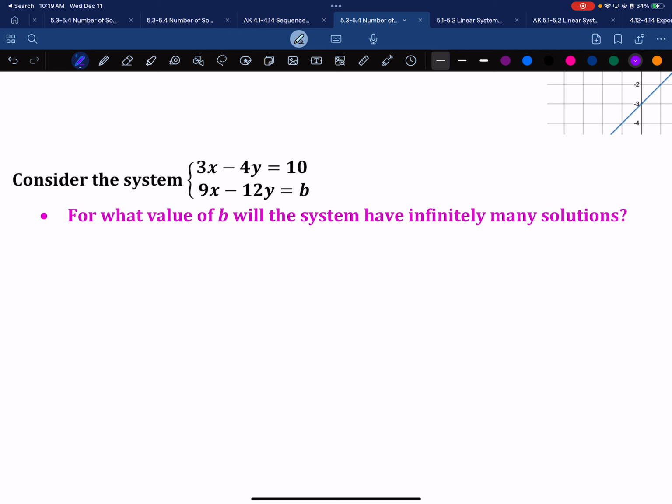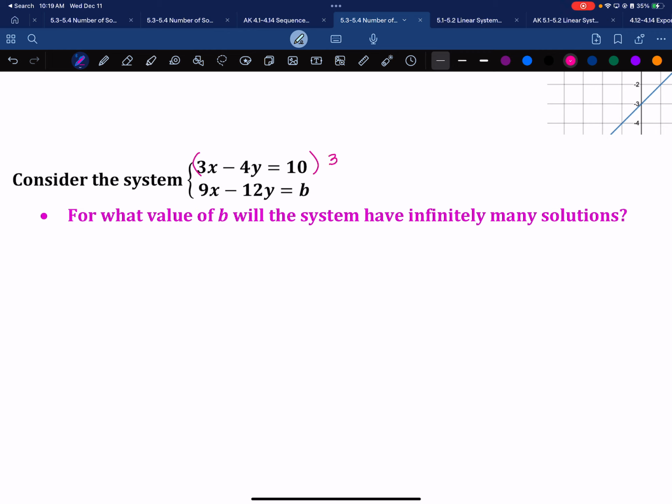Since you have to multiply the top one times 3 to get the same slope and the same y-intercept, you also multiply 10 by 3 and get 30. Yes. So if those match, then they would have the same slopes and y-intercept.